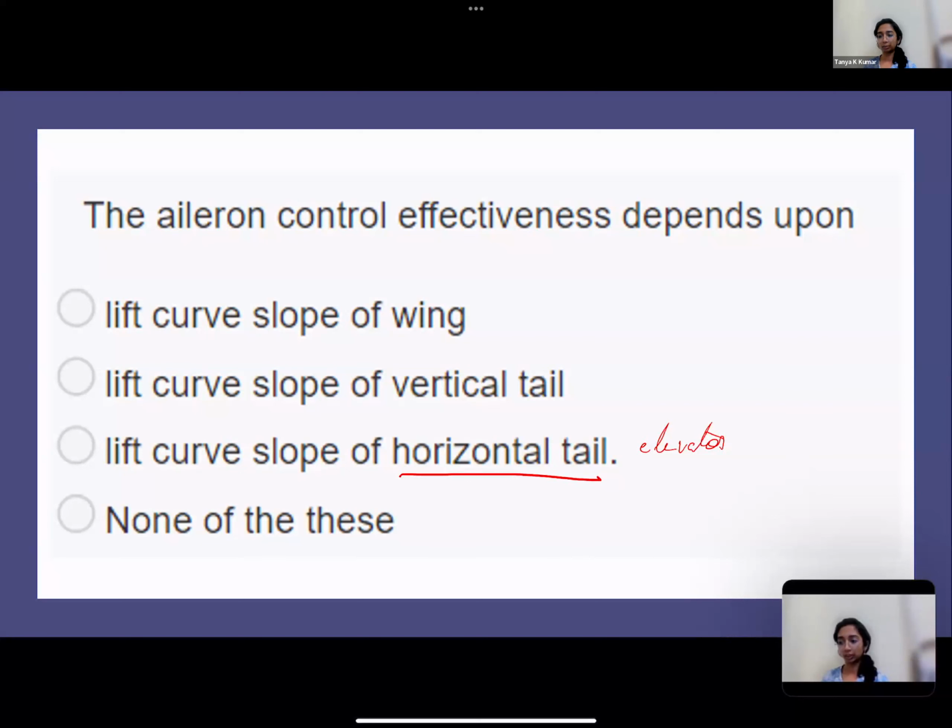Aileron is on the wing, right? Because the vertical tail has the rudder, the aileron is on the wing. So its effectiveness obviously depends on the lift curve slope of the wing and not on the vertical tail or the horizontal tail. So CL alpha wing is what defines the effectiveness of the aileron.